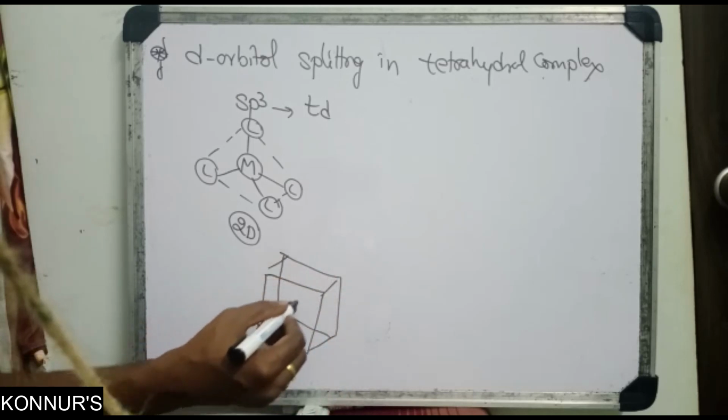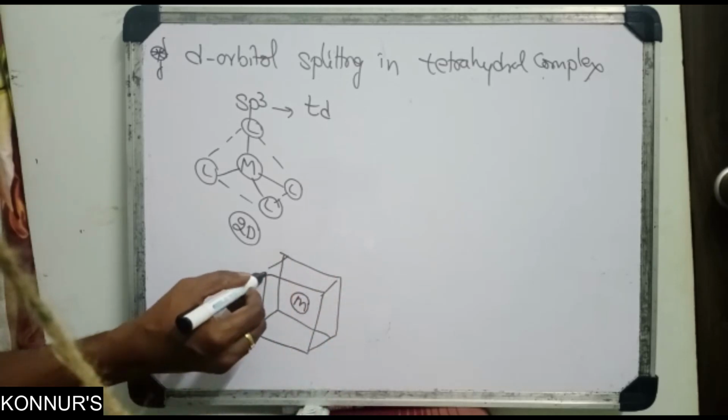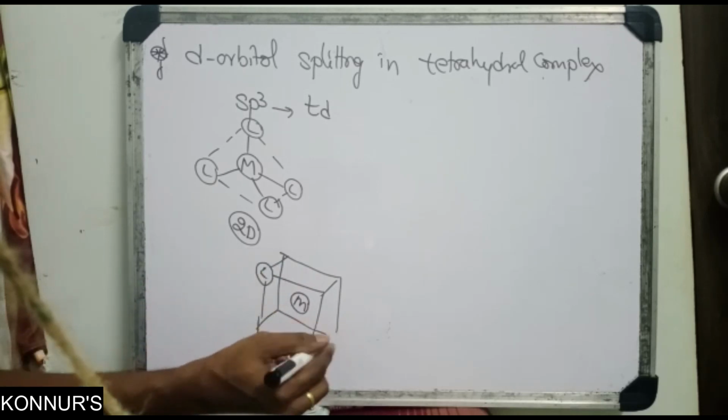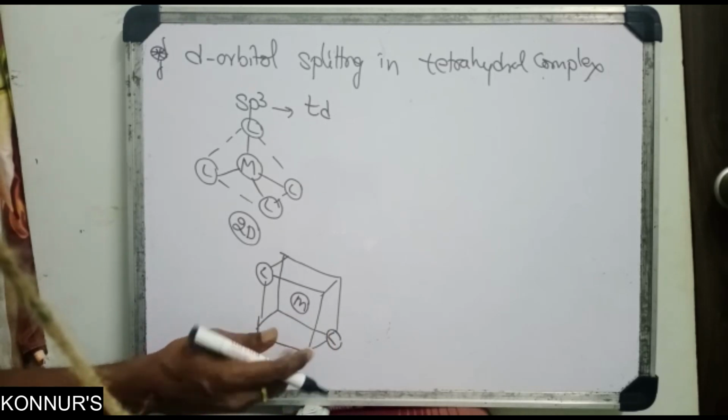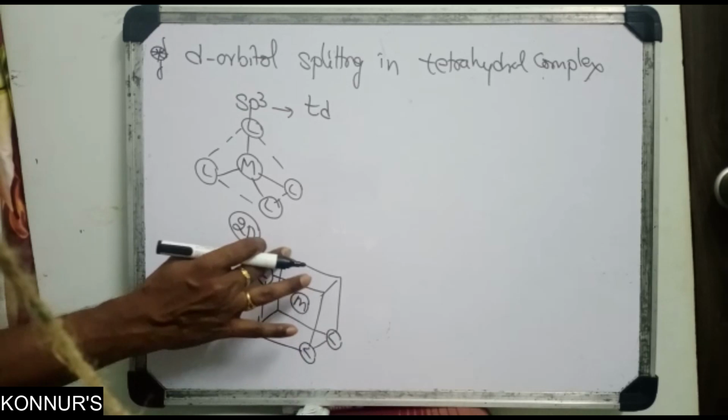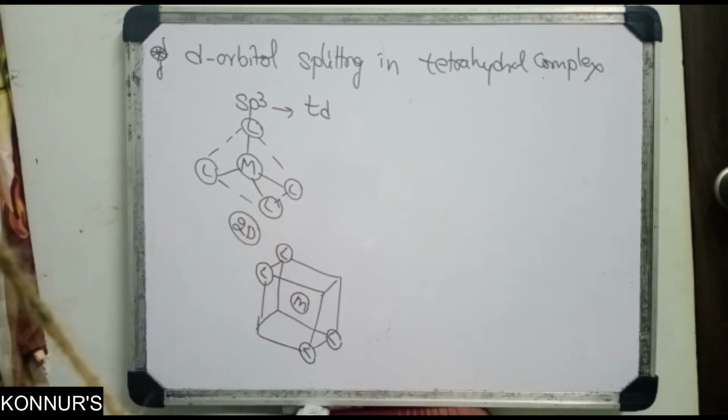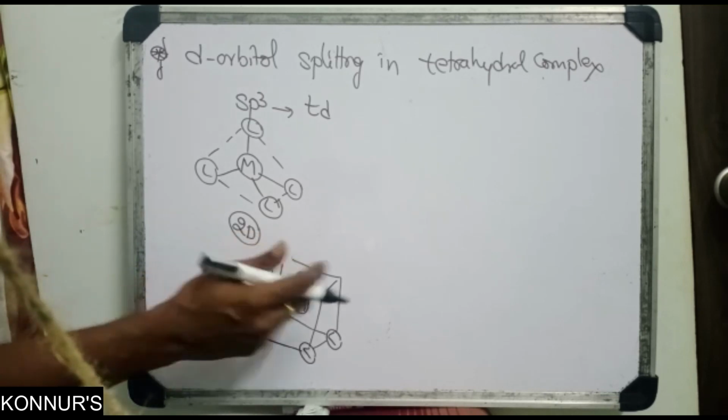In the cubical structure, the metal is in the middle. Two ligands are like this. Next, another two ligands. Here, how are these coming? Opposite, you can take.